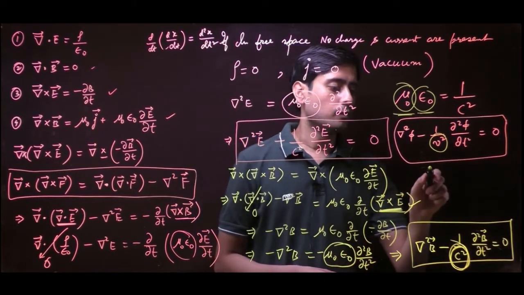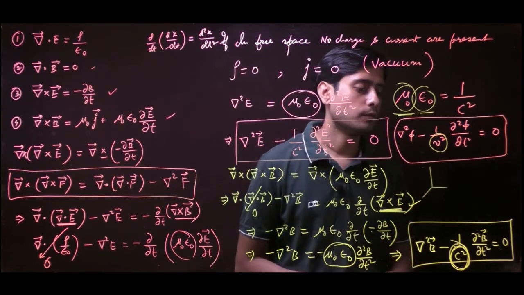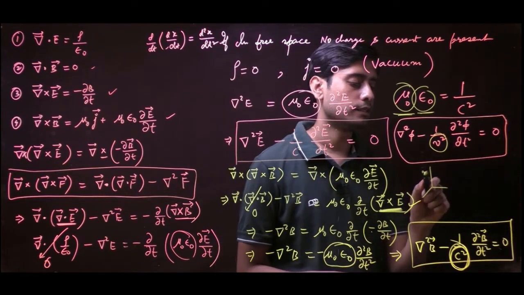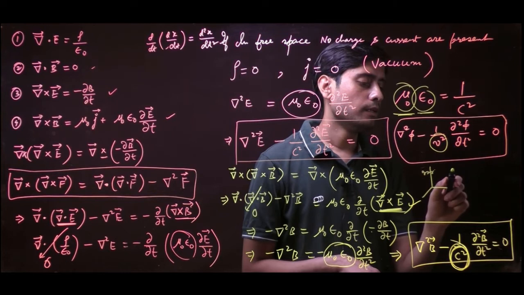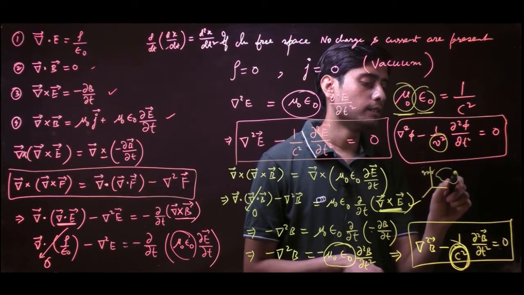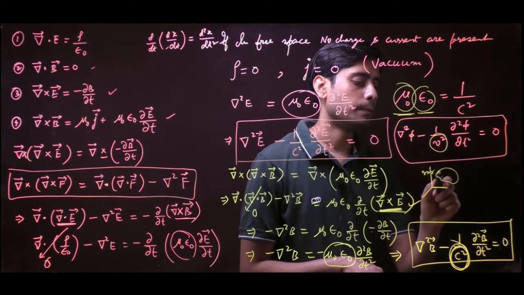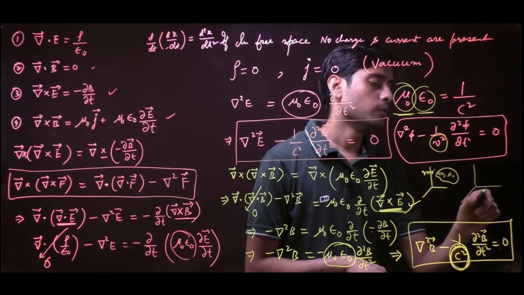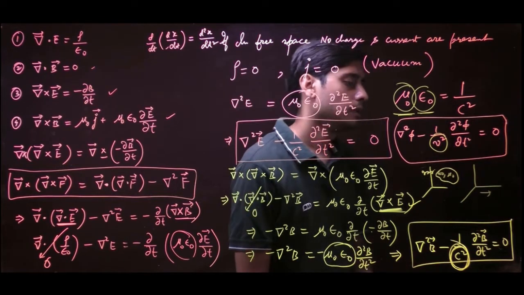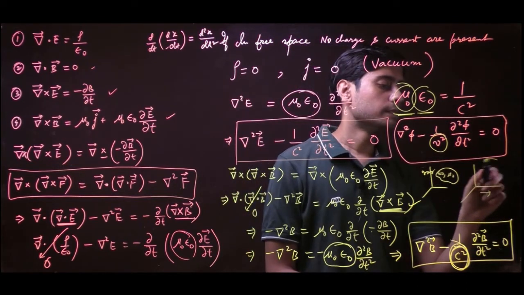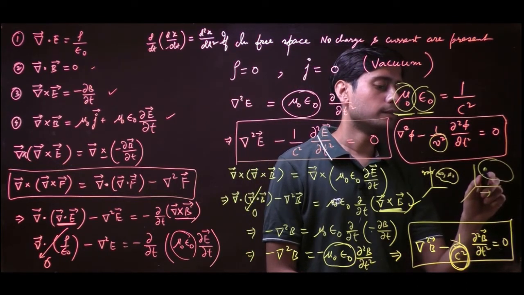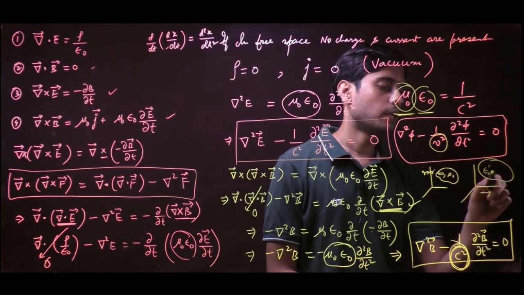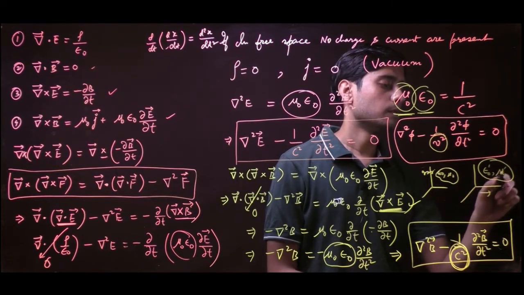So an observer who is at rest measures the properties of space, the epsilon naught and mu naught. And for an observer who is moving with some velocity, will he measure epsilon naught prime and mu naught prime in the space he is observing?